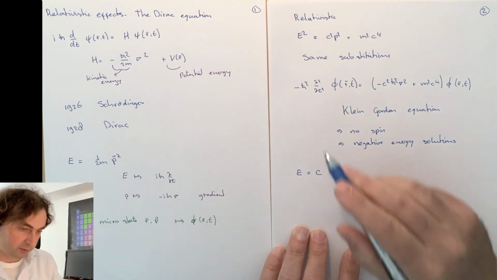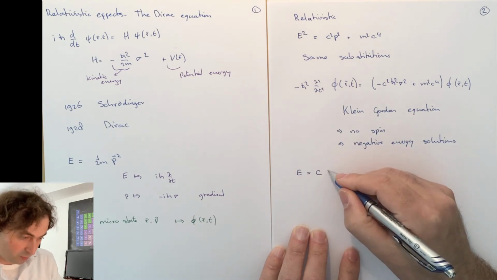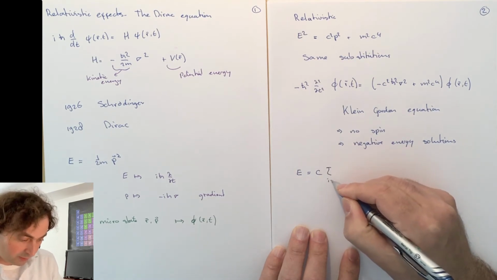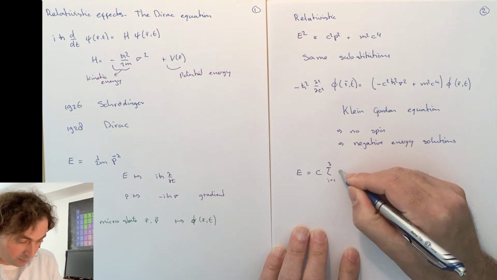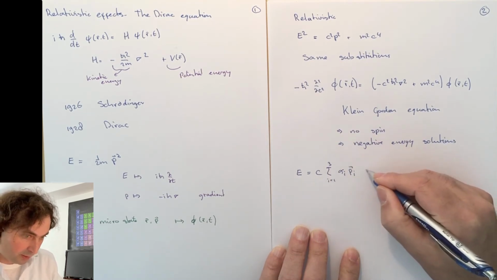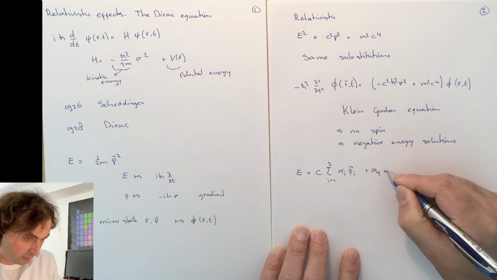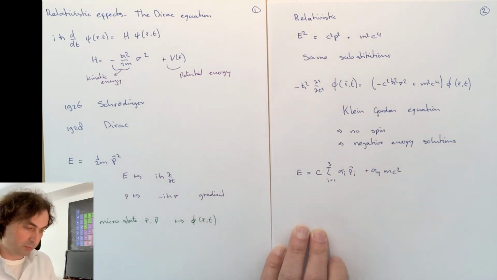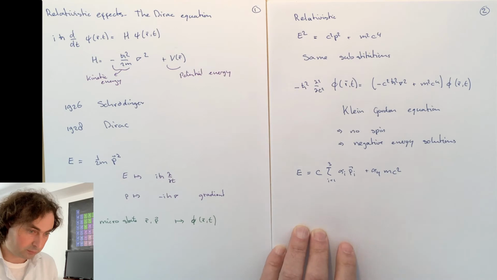And for that we're going to write E is the speed of light times the sum over i, with i being 1, 2, 3, of alpha i p i, plus alpha 4 mc squared.